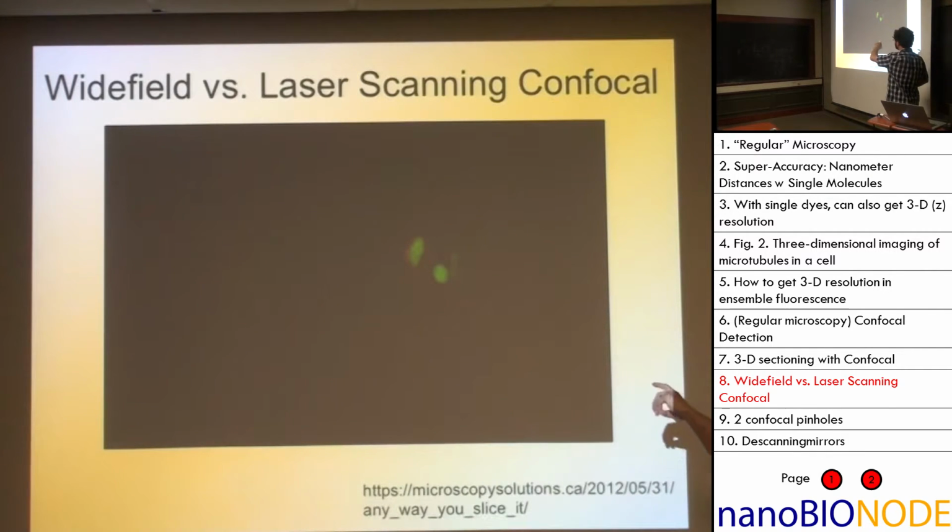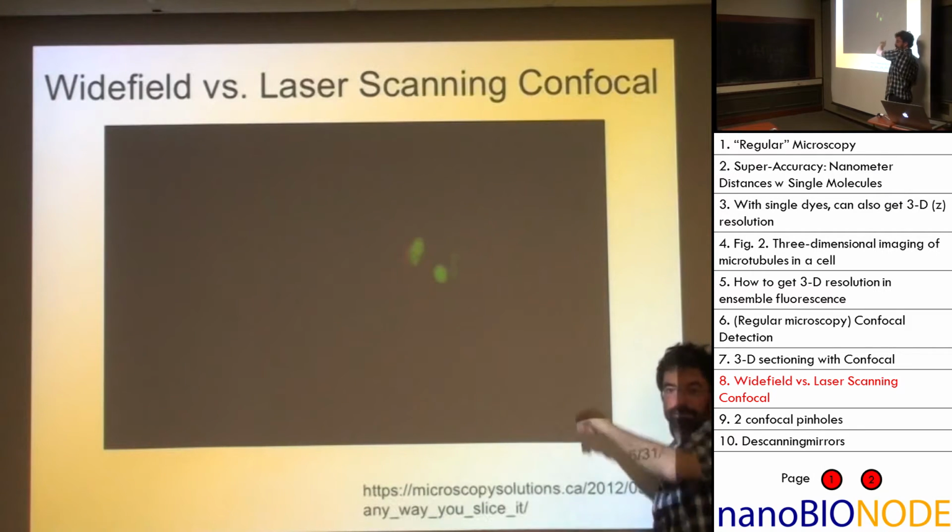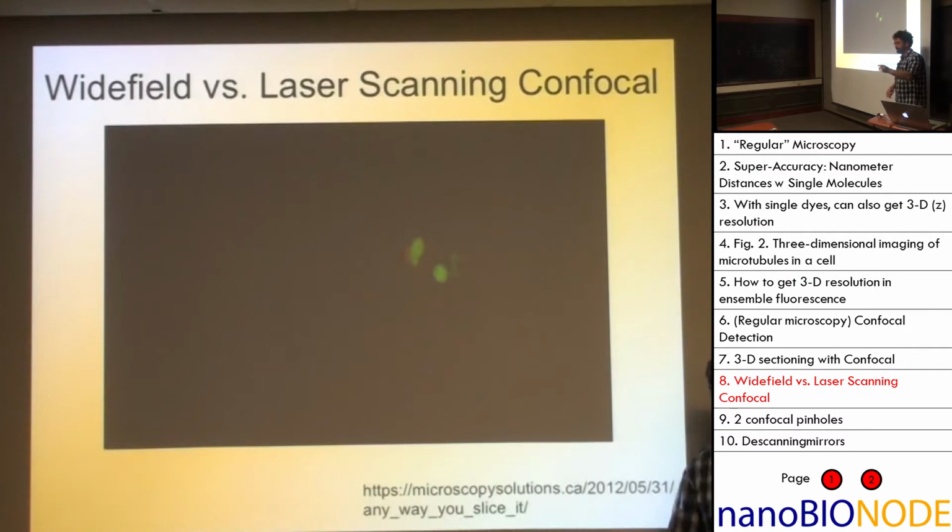So I'll play this again. You're doing laser scanning, and then you change the focus, another z-axis. So that's what you're getting here.